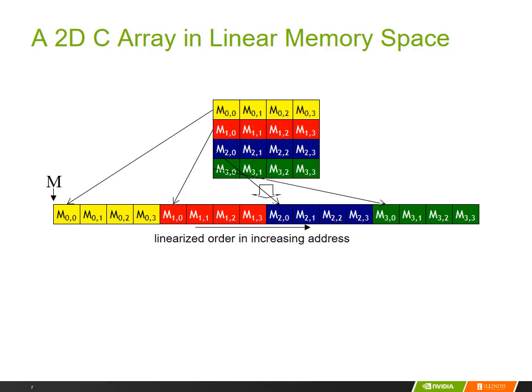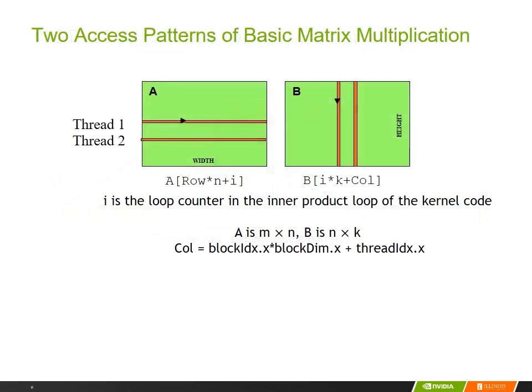And all the elements in the yellow row will be mapped into consecutive locations, followed by the red elements, followed by the blue elements, and followed by the green elements. This slide shows the data access patterns of the basic matrix multiplication kernel that we showed in module 4.